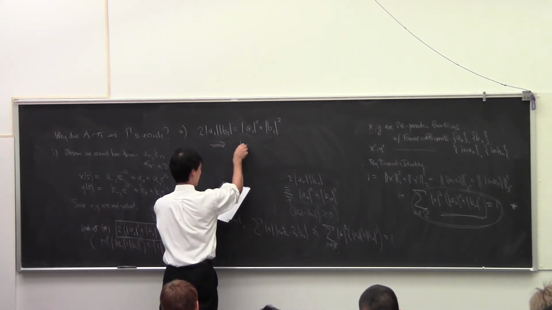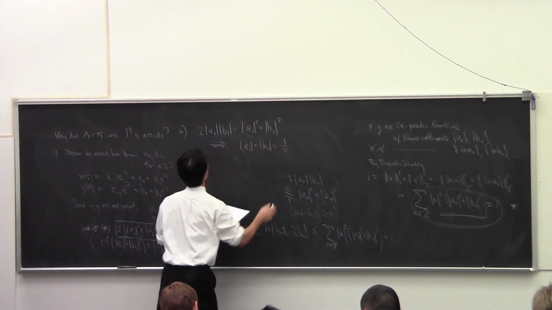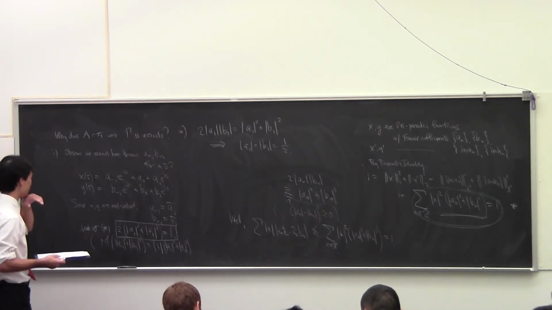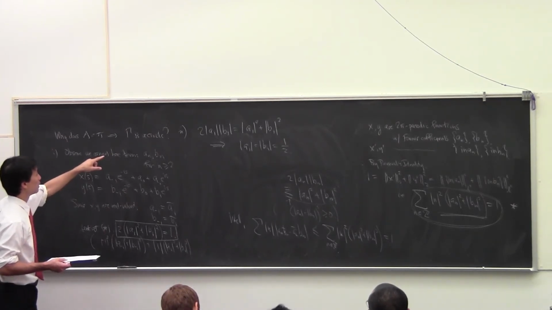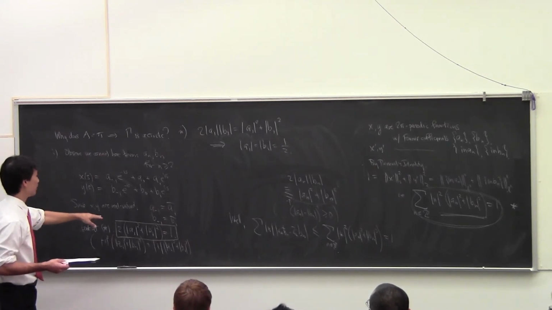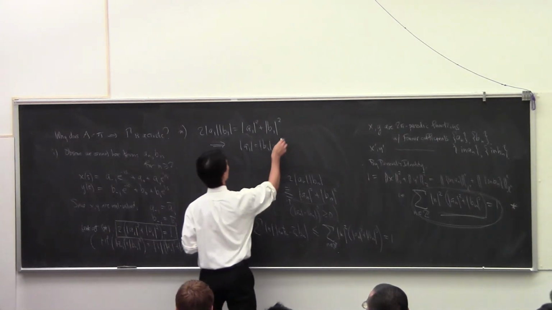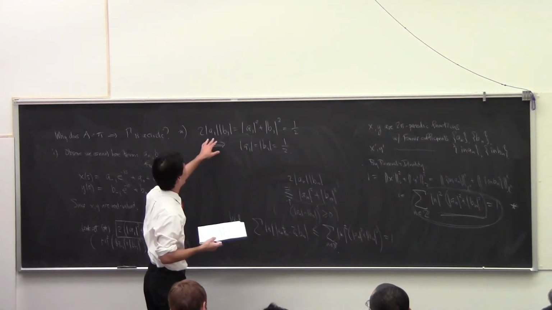So this implies that a_1 and b_1 are the same size. Why is that? I'm sorry, I'm slipping my mind. We know that's true. That thing on the right is a half, so we get a_1, b_1.